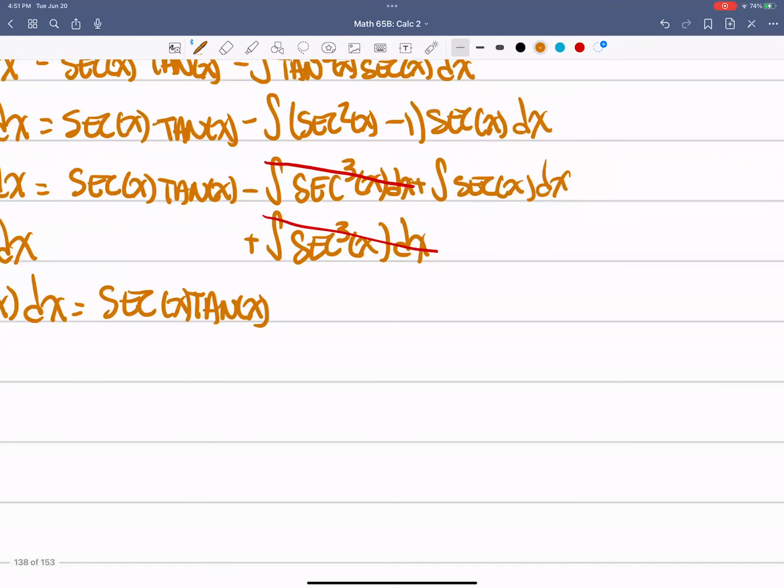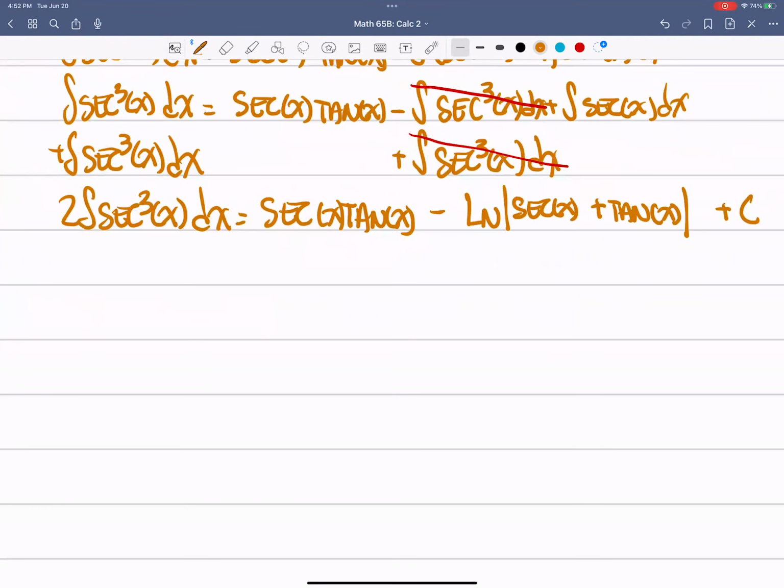Oh, and we could actually find the integral of this if we look at our integration tables. This is going to be ln of secant x plus tangent x. We'll add a plus c out here because we've already completed those integrations.